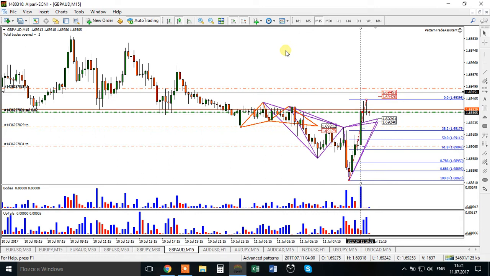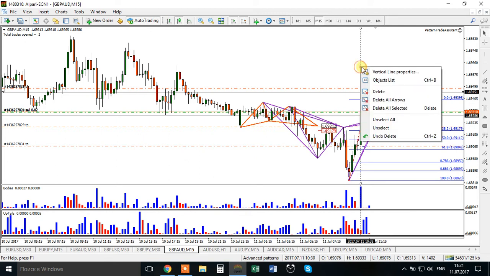You also need to execute that trade the best way, and you have to manage that trade as well. My trade management is done by Pattern Trade Assistant, so targets adjusted and break-evens the trades, and so on. It's not the topic of today's discussion.